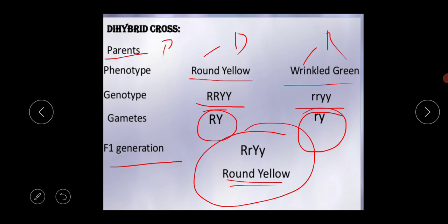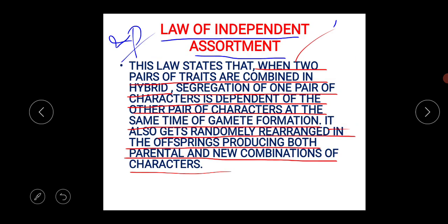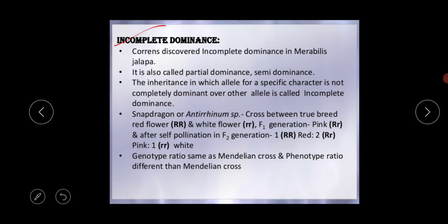The F1 generation's phenotype is round yellow, but it resembles one parent, because there is another round yellow parent. But sometimes it happens that the F1 hybrid offspring does not resemble either parent, but is an intermediate between the expression of the two alleles in their homozygous state.